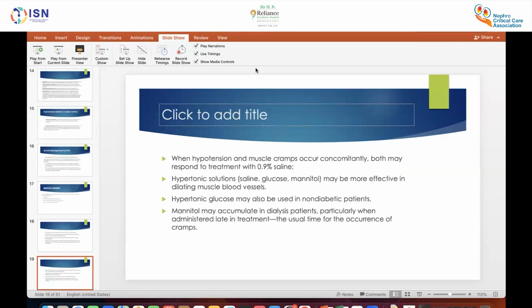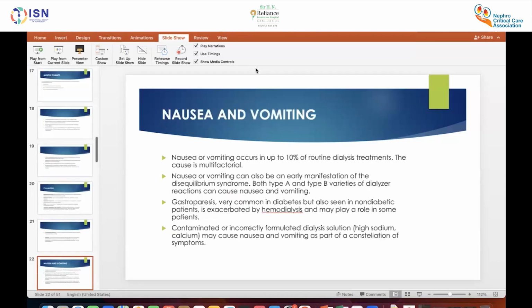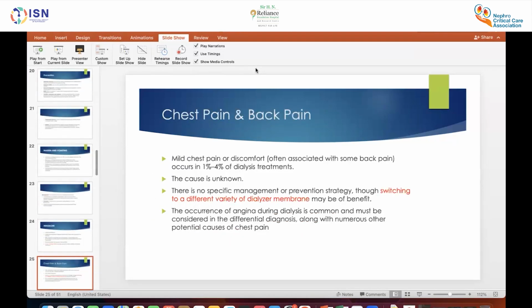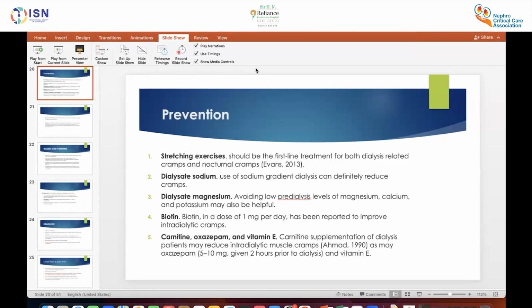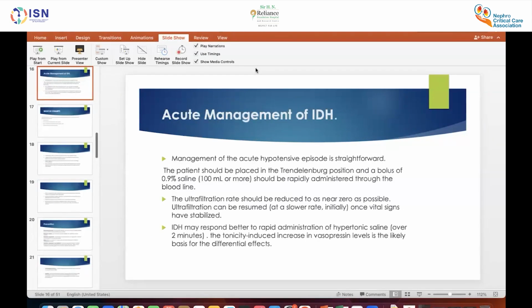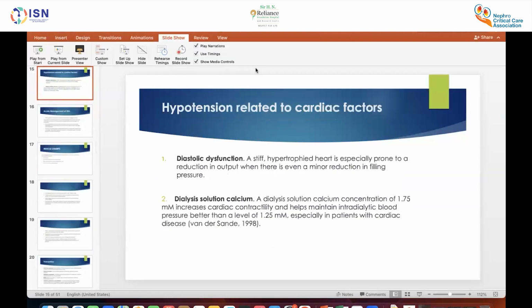Sodium modeling, you have presented. So usually they keep it around 145, sir? You have mentioned 145 to 155, actually that is not possible in our dialysis machine. The dialysis machine up to 148 it can go.